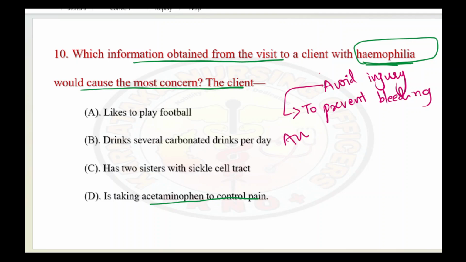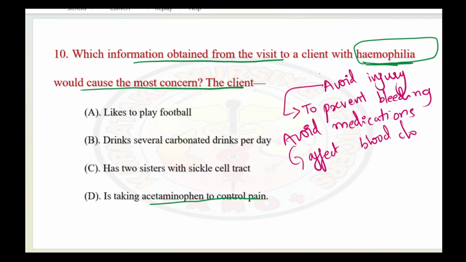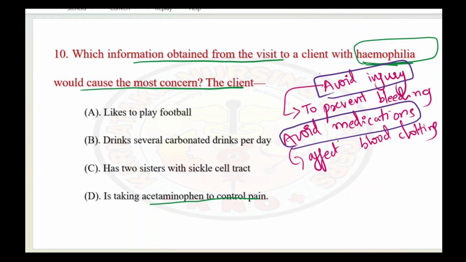Second thing is you need to even avoid medications which are going to affect the blood clotting. Okay, these are the two important measures that we need to take in case of a hemophilia patient. First thing is avoid injury. Second is to avoid the medication that is going to affect the blood clotting.